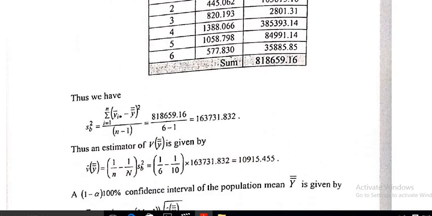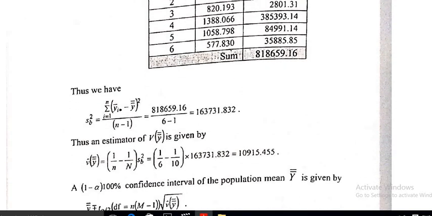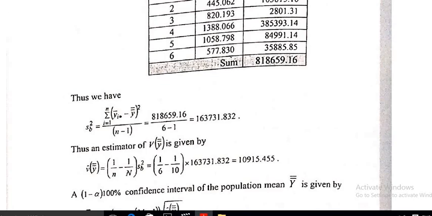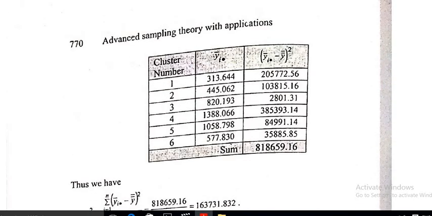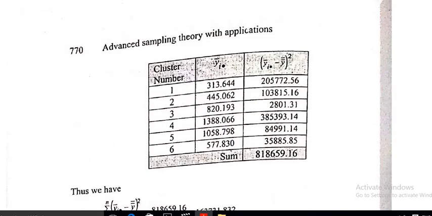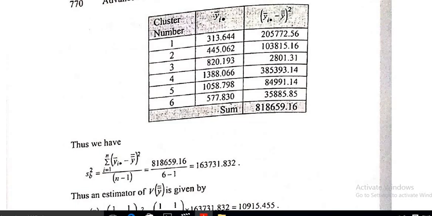Now to find the variance of this estimate, the variance of the sampling distribution of the mean in cluster sampling, first we have to calculate S square B, the variability between clusters. Sum of i varies from 1 to n, yi dot bar minus y double bar whole square, divided by n minus 1.